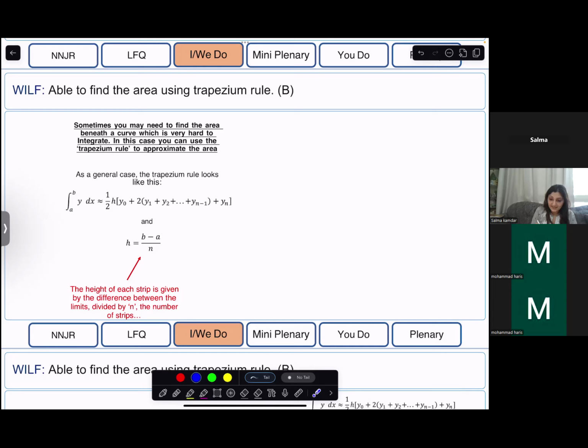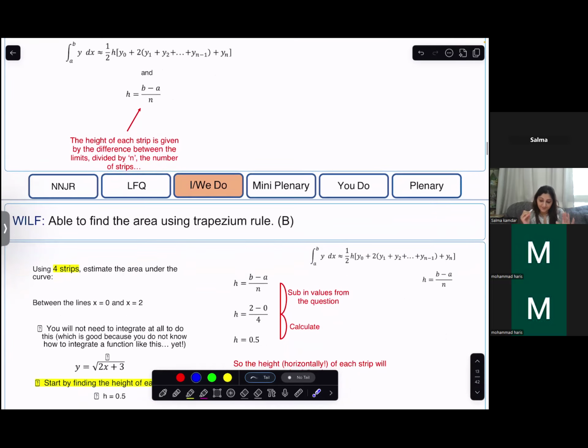It is approximately equal to, your first value would be y0, your last value would be yn, and it is 2 times y1 plus y2 plus dot dot dot, up to yn minus 1. Your height should always be the same, and you get your height by doing b minus a divided by n. Now, what does this n denote? The n denotes the number of strips. Are you with me?